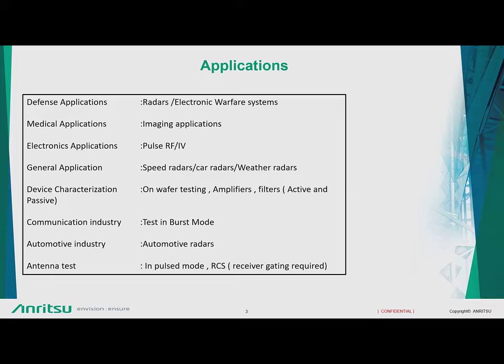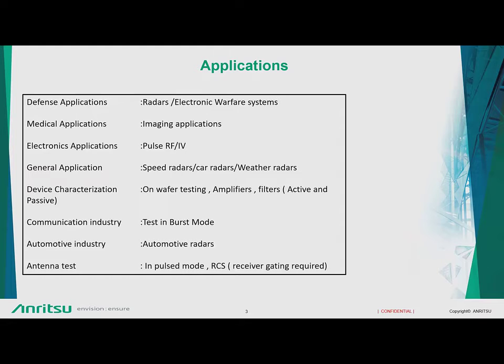Nowadays we are seeing a lot of medical applications also for imaging. There are some people in the medical domain who are using VNAs to see if there is a kind of a tumor or a tissue accumulation, and for that they need a pulse system, and they can actually do an imaging of the human tissue as well.